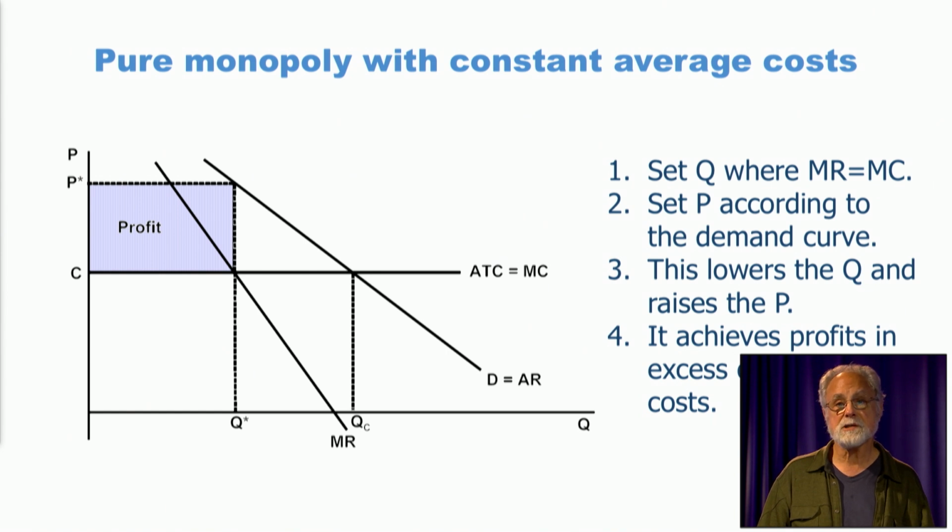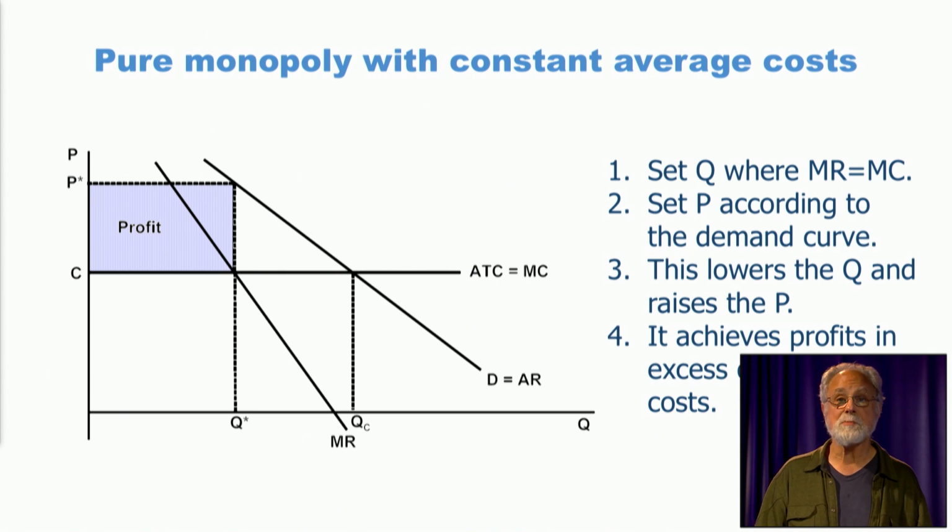So the area of a rectangle is the product of the two sides. One side of the rectangle is the level of production, Q star. The other side is the excess of the selling price, P star, over the cost, C. That gives you that profit area.